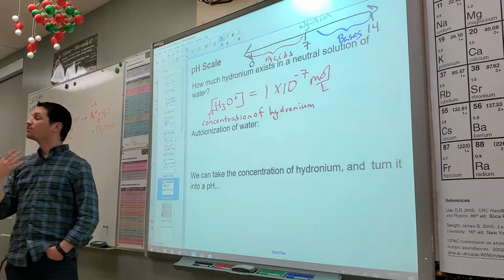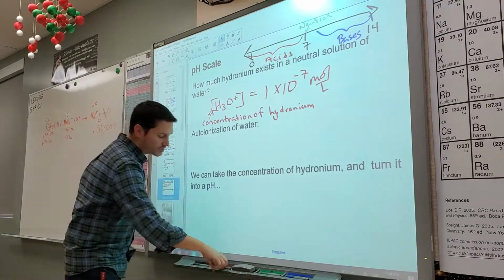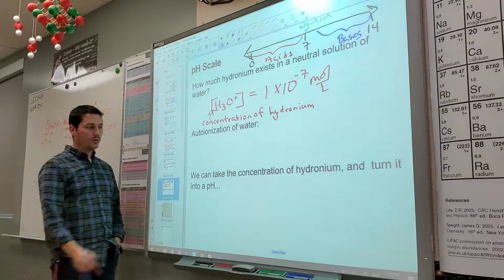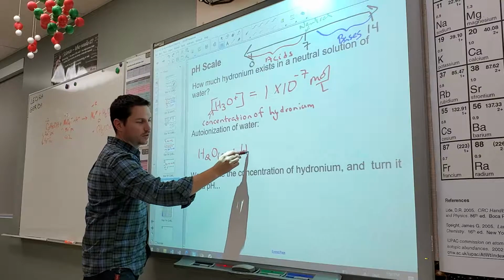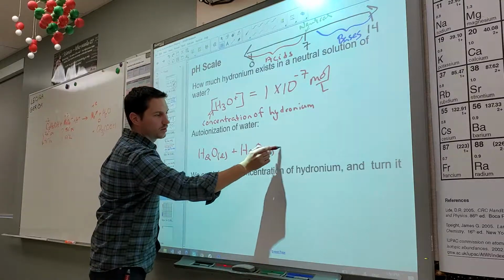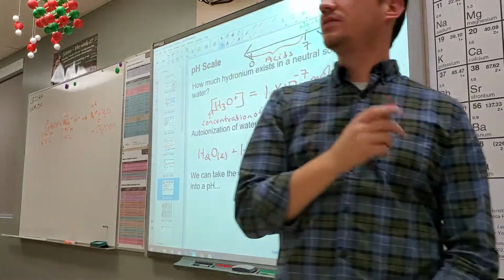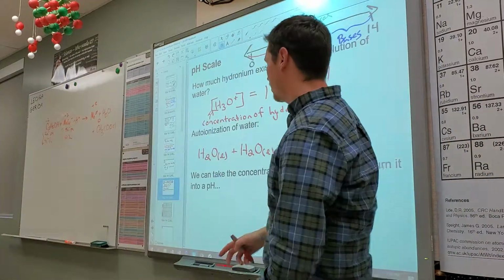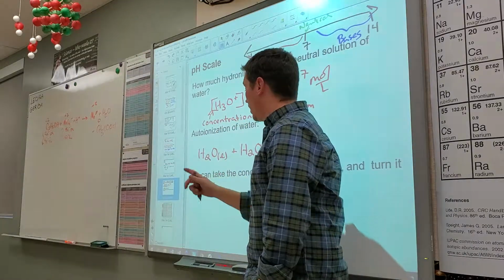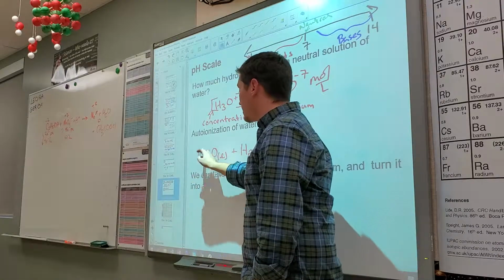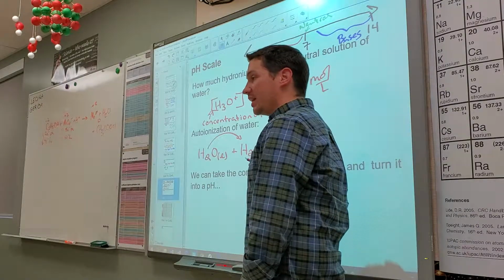So let's write that out, and that's going to be the last thing we take a look at today. This is called the autoionization of water. We can think of two water molecules. If you give this water a little bit of energy, let's say room temperature, then one of these hydrogens can pop off of this water molecule and hop onto the next one.